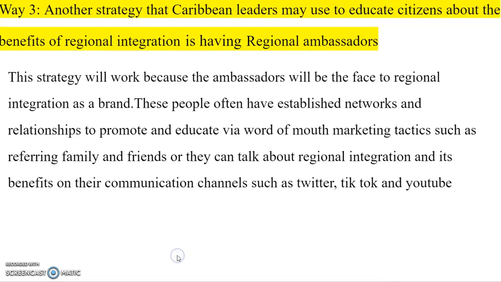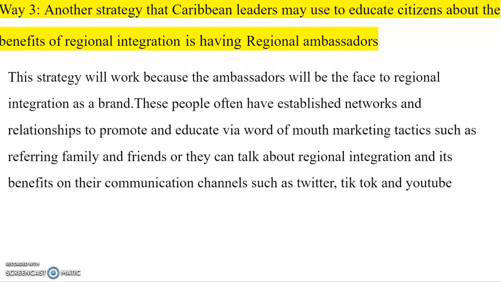Way three, another strategy that Caribbean leaders may use to educate citizens about the benefits of regional integration is having regional ambassadors. Now, this strategy will work because the persons that will be selected to be regional integration ambassadors will be able to use their face and their voice as the brand for regional integration.